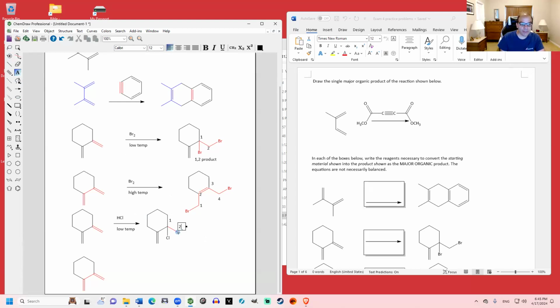This carbon is now a CH3. It had been a CH2. Two of those hydrogens were there to begin with. The other one got added as a result of the reaction. And we went over that mechanism multiple times in class.